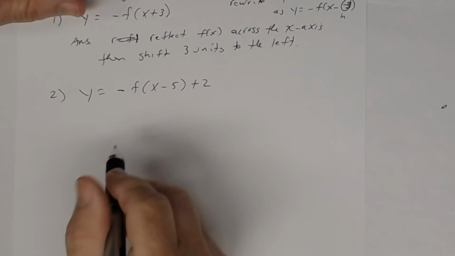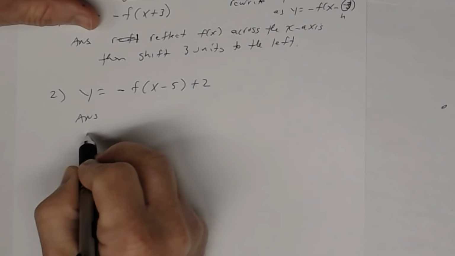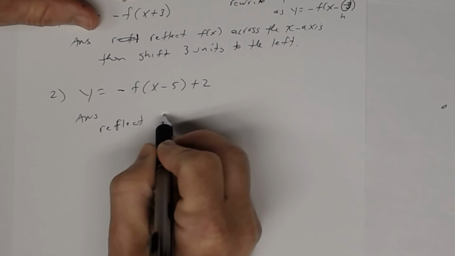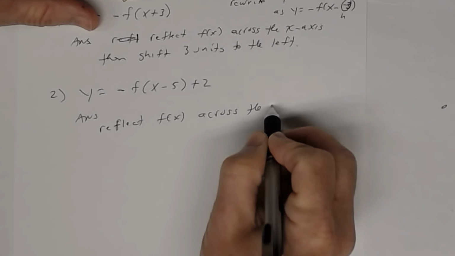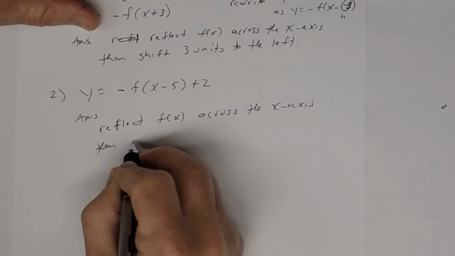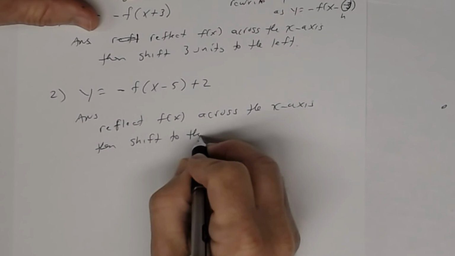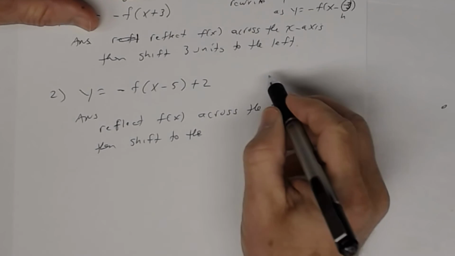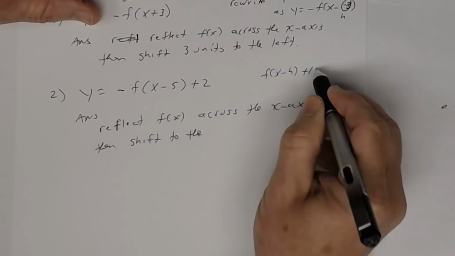Okay, so 3 transformations. So the answer, you're going to say reflect f of x across the x-axis. Okay, then shift to the, remember x minus 5, right? So remember our notation, f of x minus h plus k.